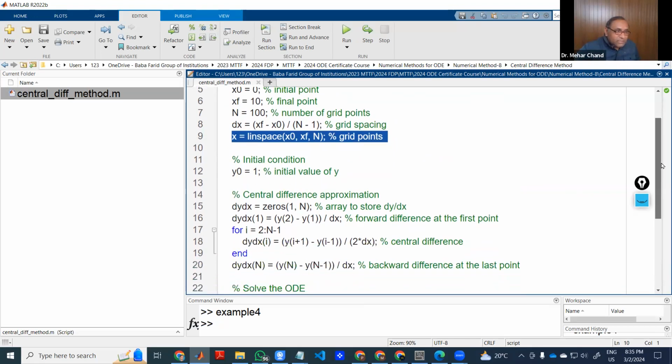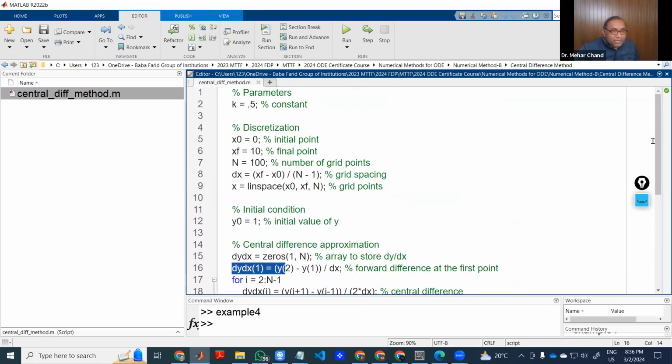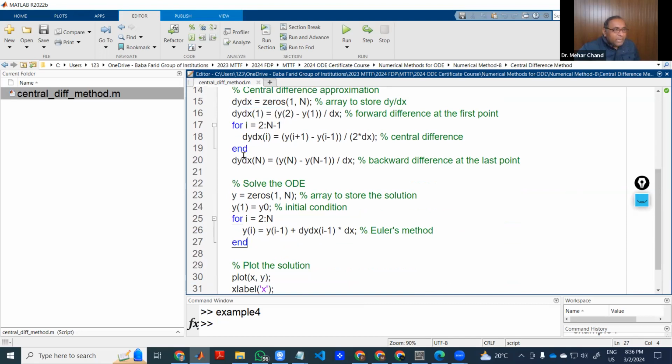Just keep in mind, at the first point we will use forward difference, and for the end point we are using backward. For other points which lie between the initial and last point, we are using central difference. And then we will use the Euler method to combine all these values.